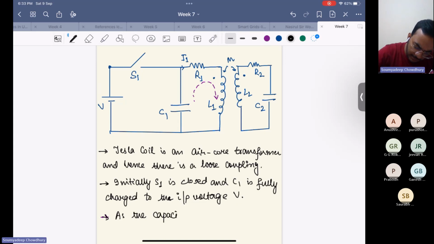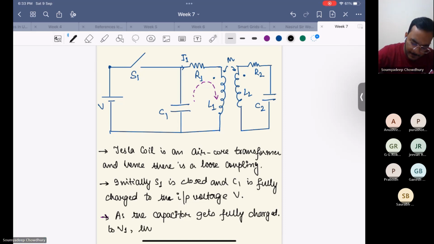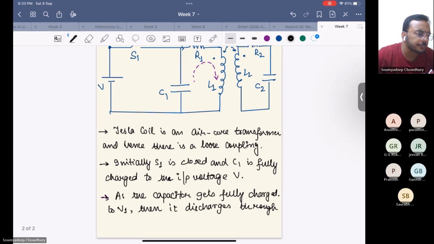As the capacitor gets fully charged to V1, it then discharges through the inductor L1.